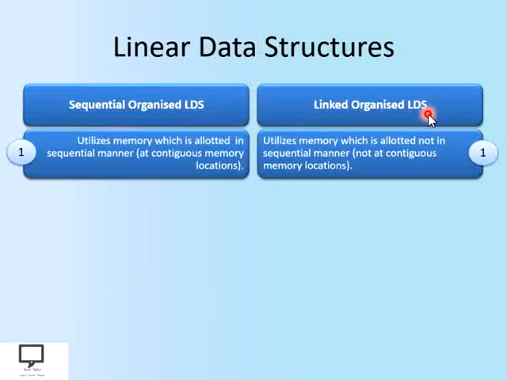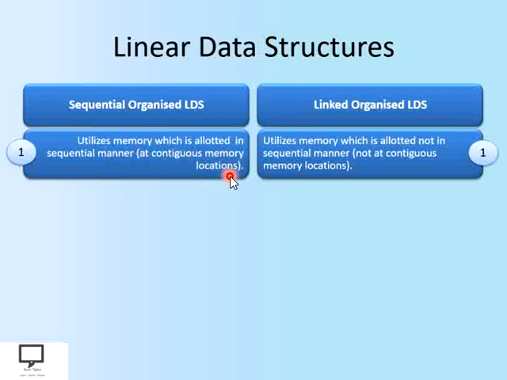The first difference is that sequential organized linear data structures utilize memory which is allotted in a sequential manner, because its name itself suggests that it is sequentially organized. That's why it allocates continuous memory.